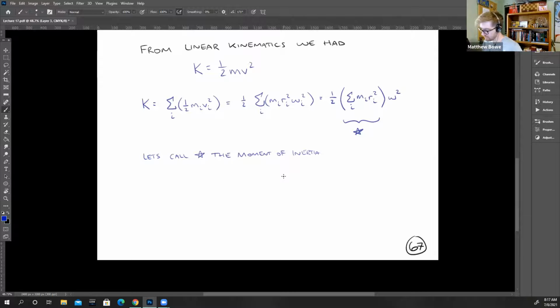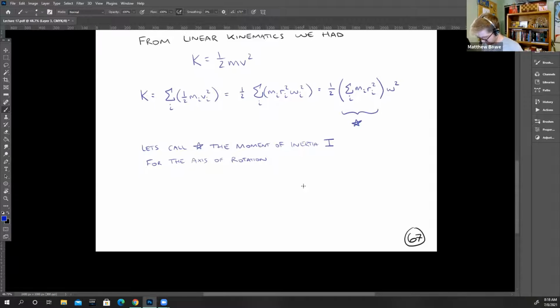And the symbol that we'll use for this is capital I, for the axis of rotation. All right. So again, to clarify, I equals what I have up there. Nothing new.